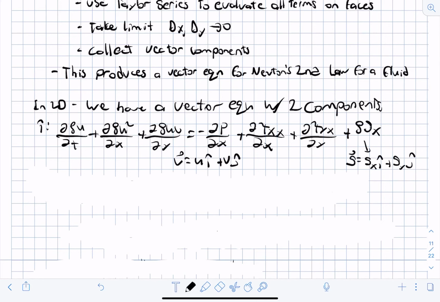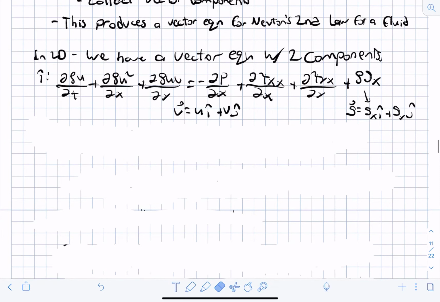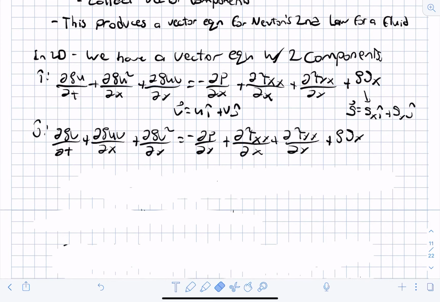Okay, and now that is the x component of Newton's second law for a fluid in a stationary control volume. Then there is a y component, and that equation is similar with the exception that we are now conserving y momentum. So we have the v component here.